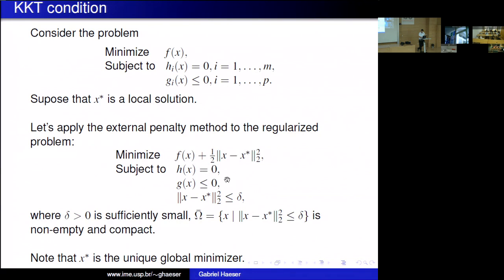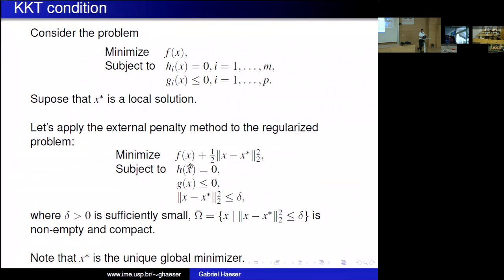So we see that I've added here an additional constraint. This constraint simply says that I'm looking only at a neighborhood of x star. So this local solution x star, when I add this constraint for sufficiently small delta, x star will be a global solution for this problem.